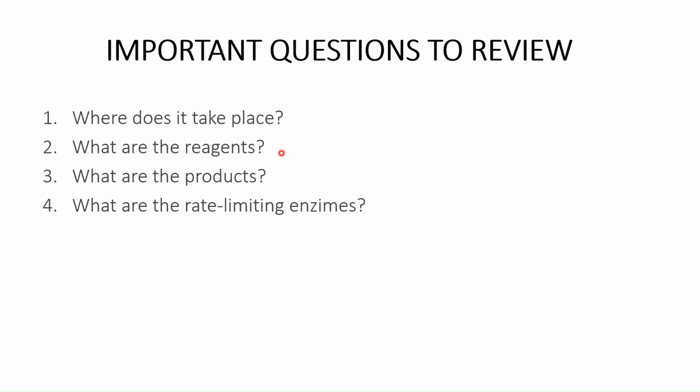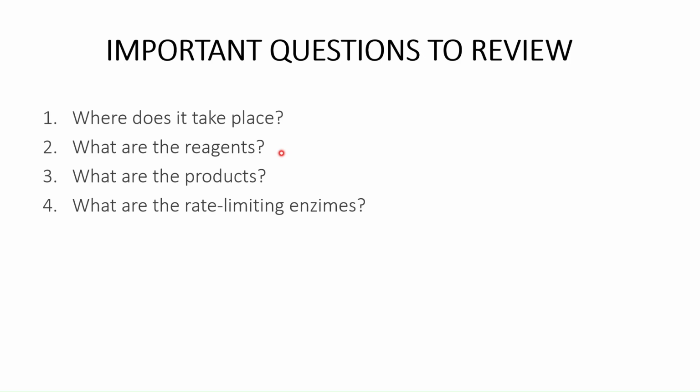But you just need to understand the rate-limiting enzymes, which are 3, sometimes 4 maybe. And you need to understand that they are at the beginning of a chemical reaction or in a crossroad, or at the ending of a pathway.